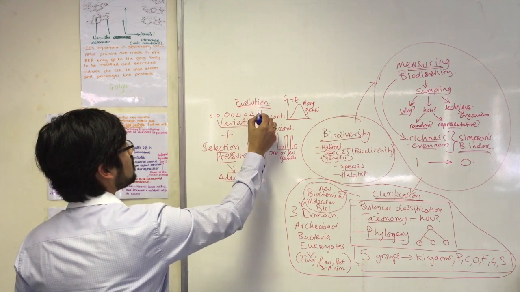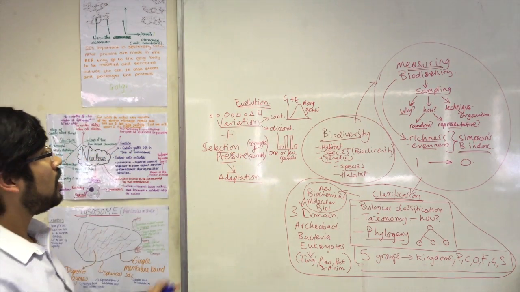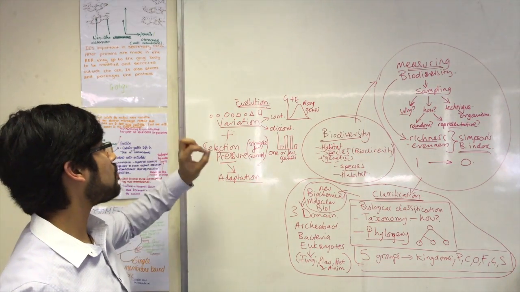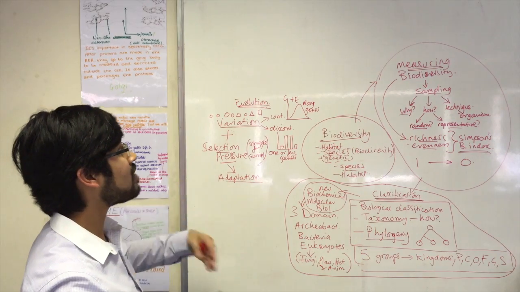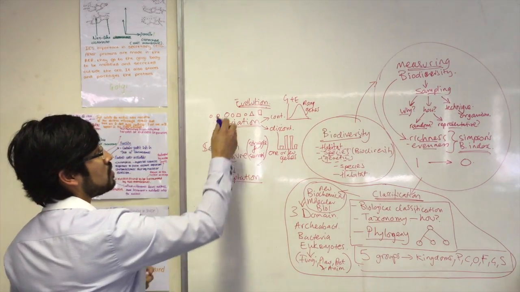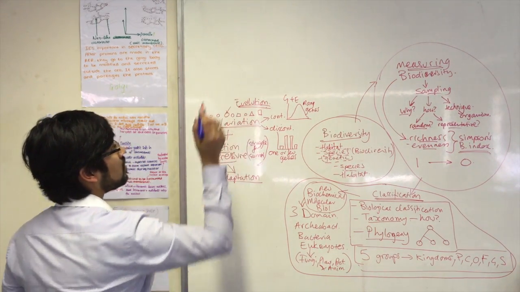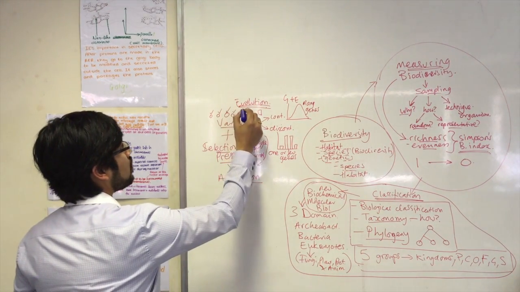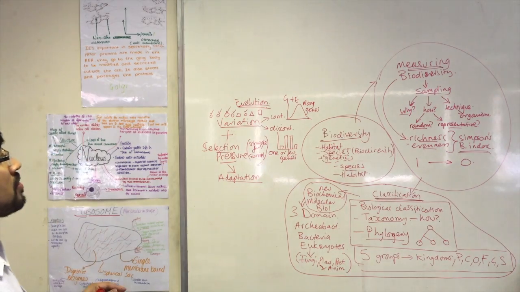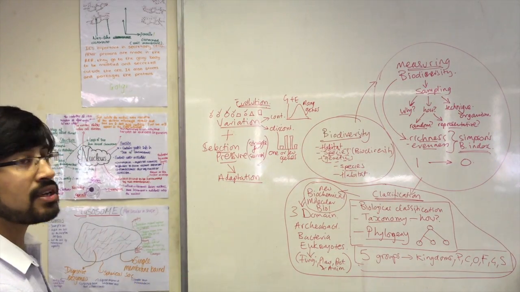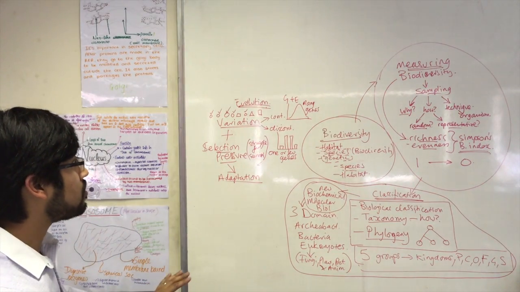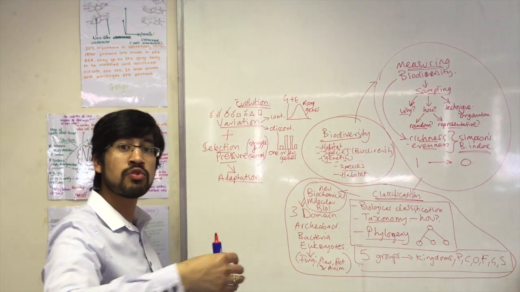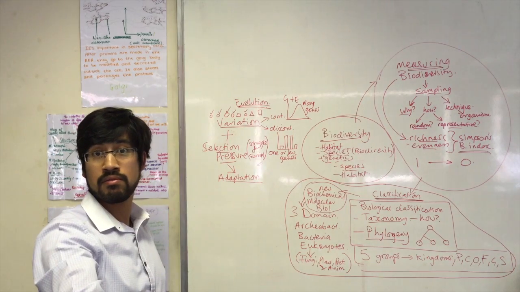Now, if you have a struggle for survival, what that means is, if you have lots of different organisms, and they're all different from each other, okay? A struggle for survival means that only the best adapted ones, only the ones with the right variations will survive. So say this one has got the right adaptation to survive, and all these circle ones survive. And all the ones that don't have that particular feature will not survive. Okay? Now this is why it's important there's a struggle. If there's no struggle for survival, they all survive.